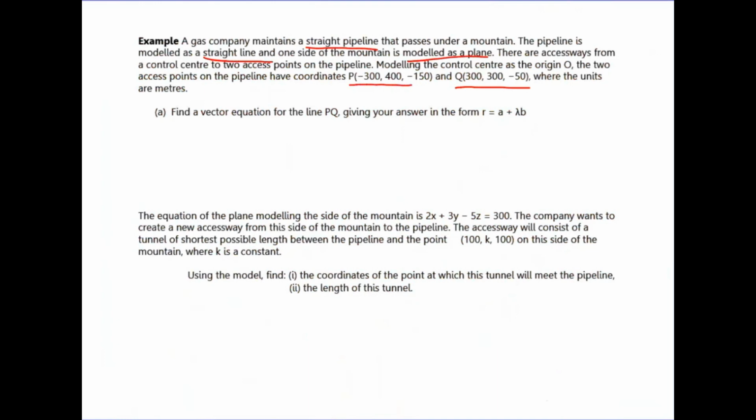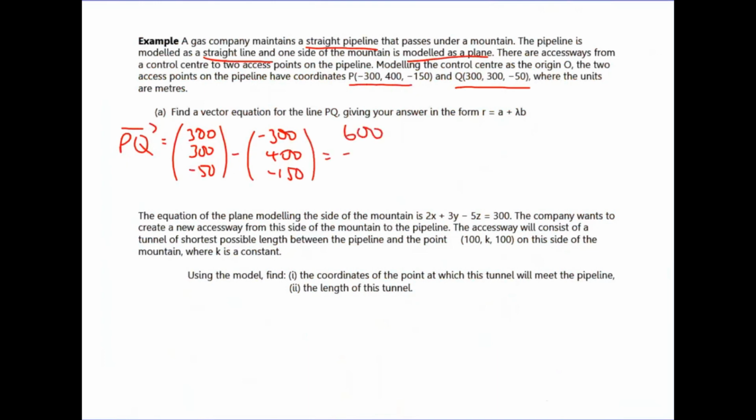So this is quite confusing. Lots of stuff in here, but ultimately pick out the vectors, and it's asking you basically to do a vector equation between P and Q. Okay, for the first bit, which should be fine. So if we do the vector P to Q, this is 300 minus 50, take away P, so minus 300, 400, 150, which gives us 600, minus 100, 100 for our direction vector.